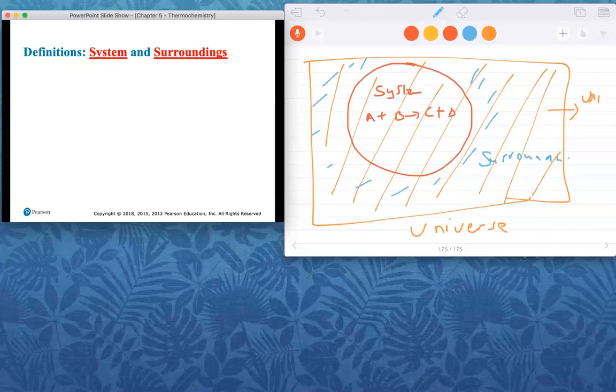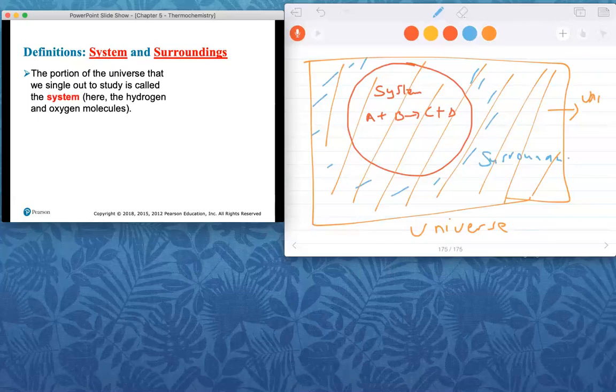So there is the system, there is the surrounding. This will be important when we talk about exothermic and endothermic. The part of the universe that we single out or study is called the system.